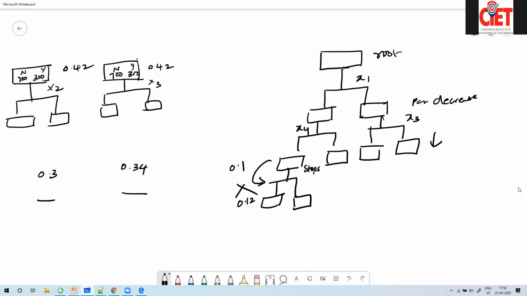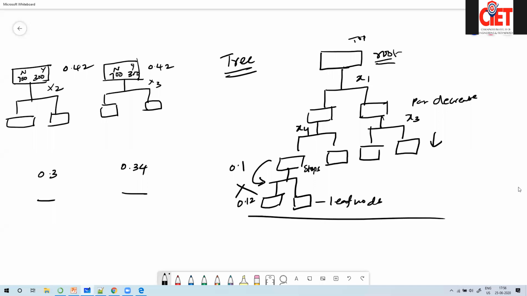And when it stops at some point, that's where we say the tree is completed. This is your root node. These are your leaf nodes. In this tree, the root is at the top and the leaves or decision nodes are at the bottom. Okay, and that's a tree-based algorithm.